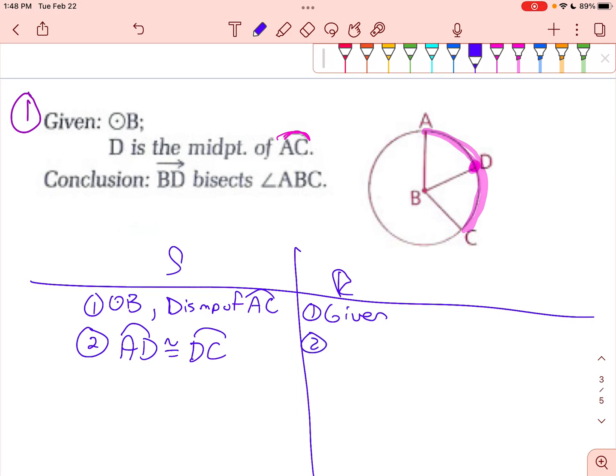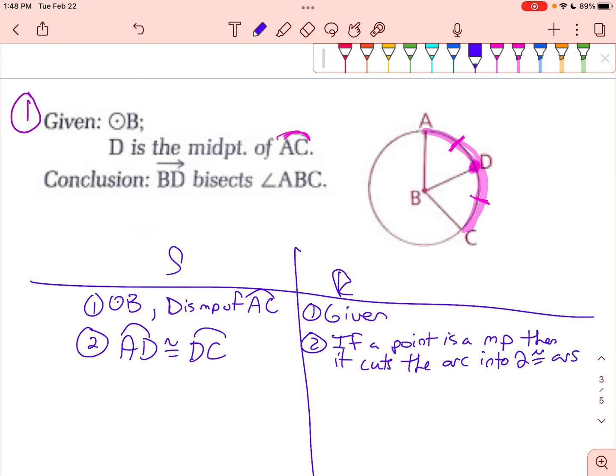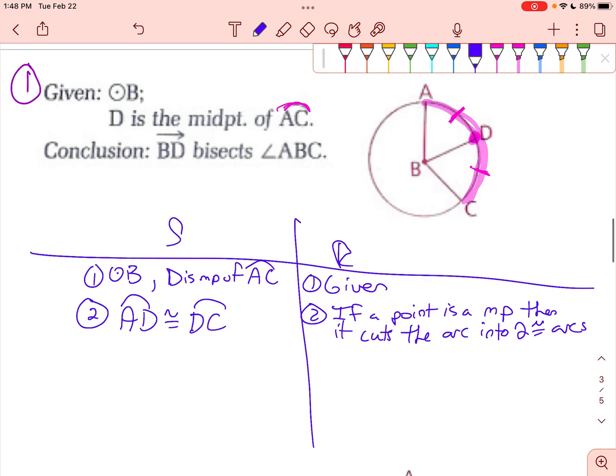And why do I know that this arc is equal to this arc? Well, because D is a midpoint. So if a point is a midpoint, then it cuts the arc into two congruent arcs. So it took that arc and it cut it into two congruent arcs.